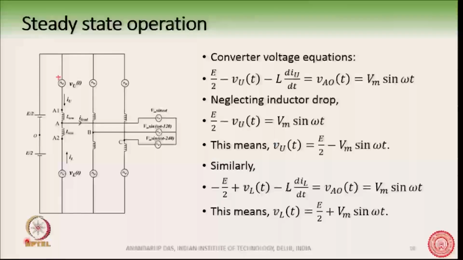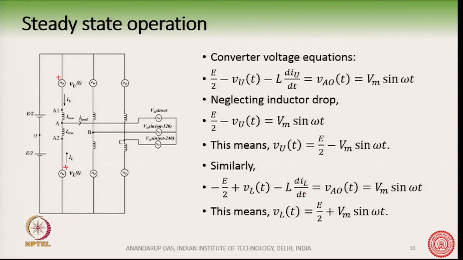In a similar way, like we have shown for the upper arm of phase A, we can also write for the lower arm of phase A, and then we see minus E by 2 plus V L. So, I should write this plus V L here. So, minus E by 2. This is what the equation says: minus E by 2 plus V L minus L di dt is equal to V a o t going from the bottom side, and it is also equal to V m sin omega t, the A phase voltage.